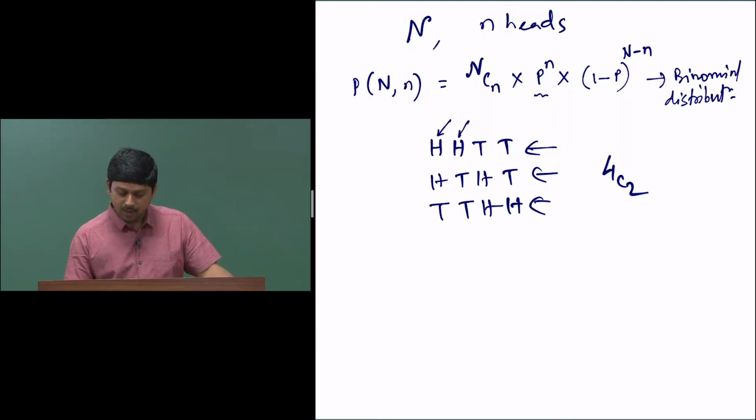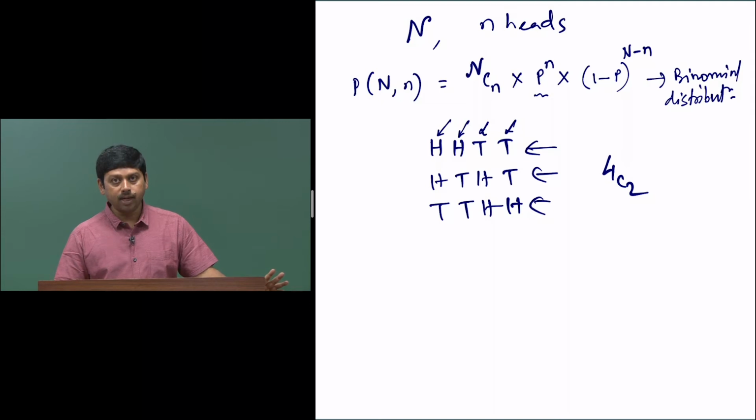Since each of them is an independent event, each will have probability half associated with it, provided it is an unbiased coin, where p and 1 minus p are equal and p is half. However, if they are biased, then we have to associate the probability as p to the power 2 and 1 minus p to the power 2 as well.